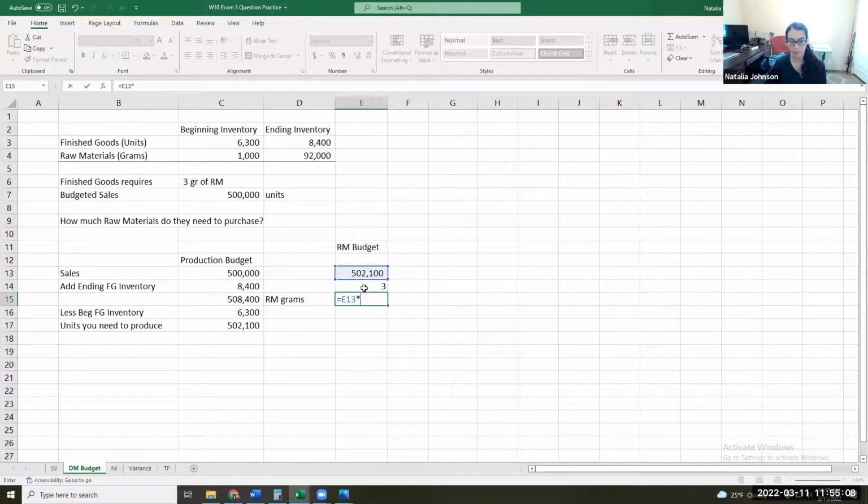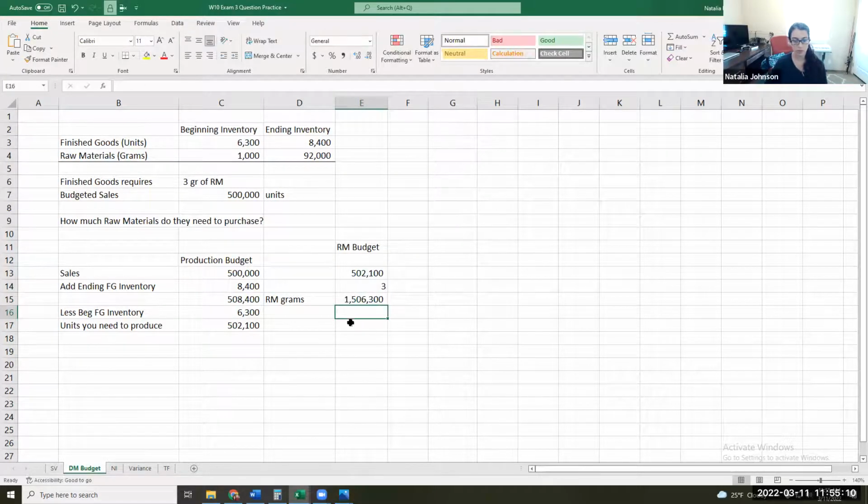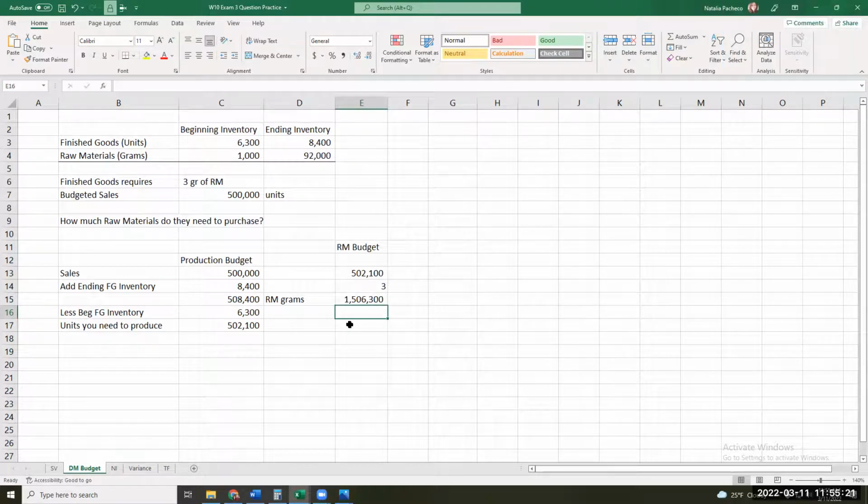So 1,506,300. That's how many grams we're going to need to produce 502,100 units.